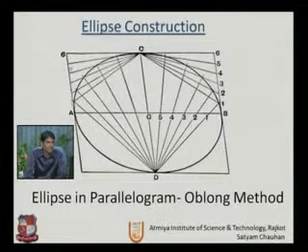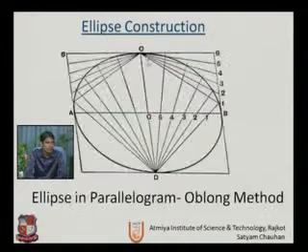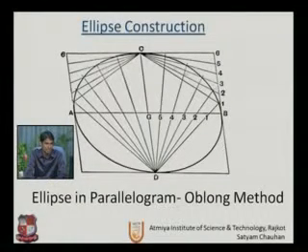Divide the upper half into 6 parts and join 1 to C, 2 to C, 3 to C, 4 to C. So by drawing these lines we get the upper half lines, and from the opposite side, from D, let us join the half of this major axis.